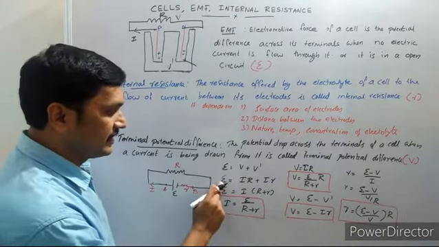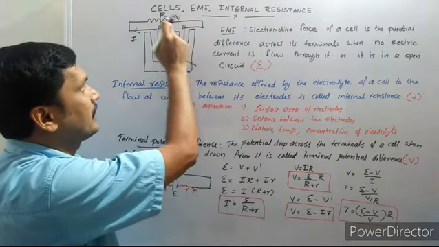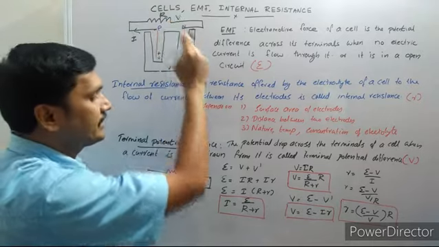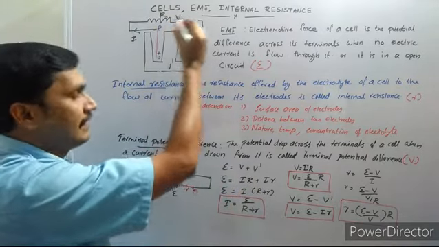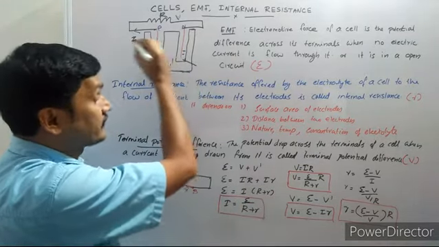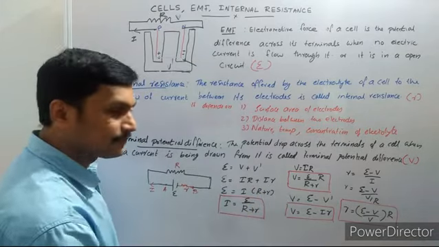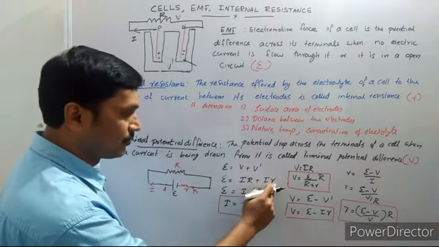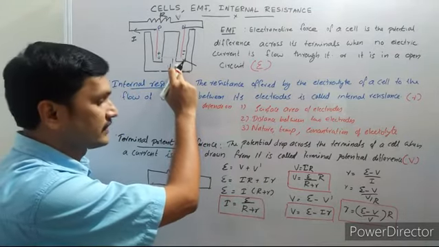Now we can write E is equal to, by Ohm's law, the potential difference across the external resistance as I into R, where I is the current passing through the external resistance. The same current is flowing through the internal resistance also. If r is the internal resistance of the cell, I into r is the potential difference across the internal resistance.